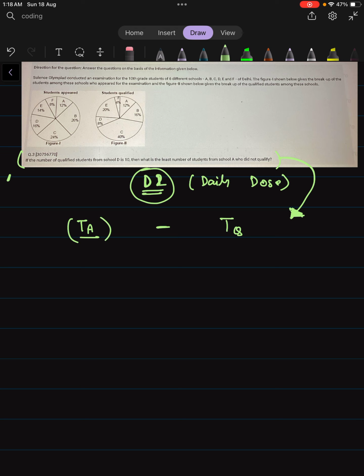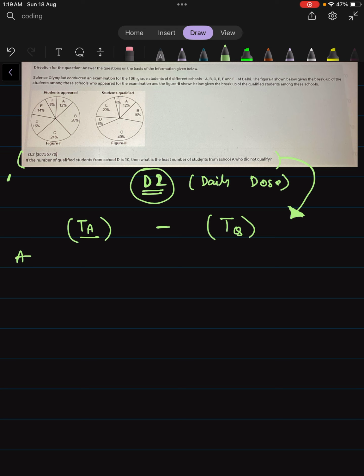There was a question just above it where we wanted to minimize the number of students who have not qualified. What will be the least number of students who have not qualified? In such a scenario, you have to find a boundary condition, and you'll get it when we create this table.